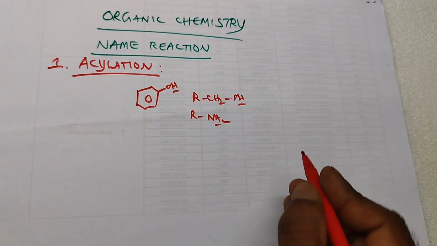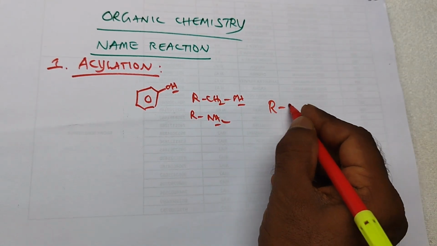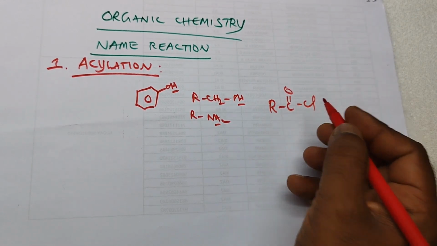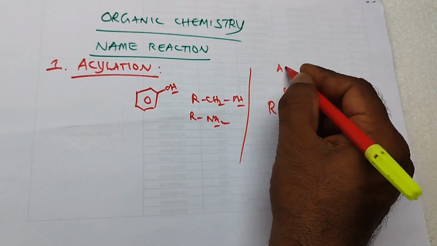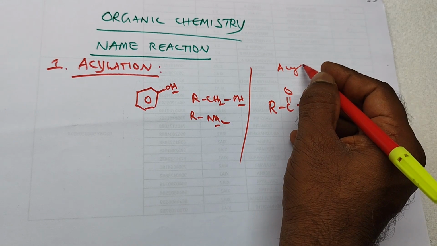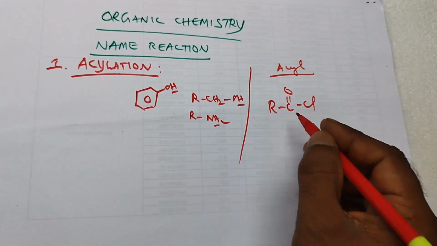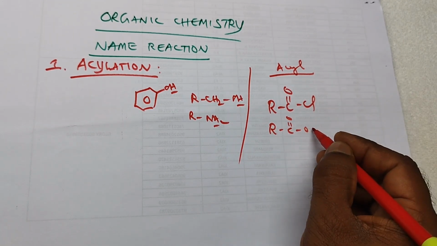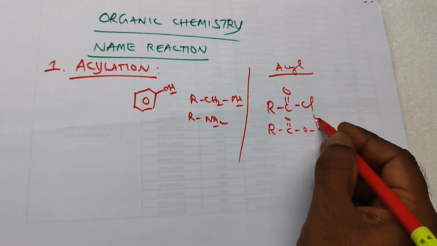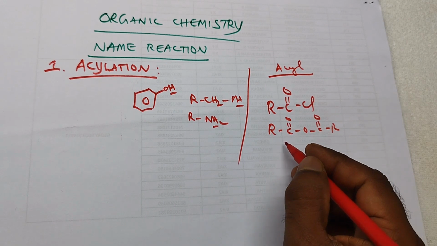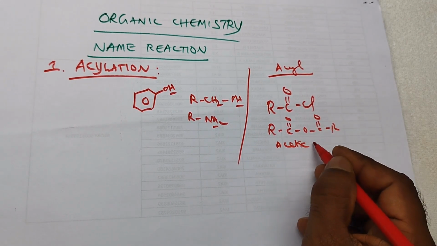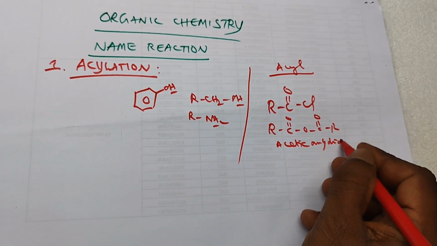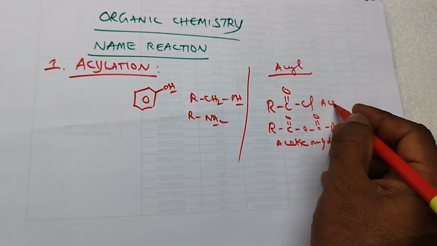When they react with an acyl compound like RCOCl, these are all acyl groups. RCOCl, or you can take RC double bond O, C double bond O, R. This is called acetic anhydride. This is called acetyl chloride.